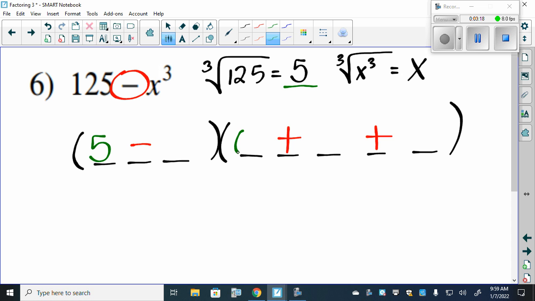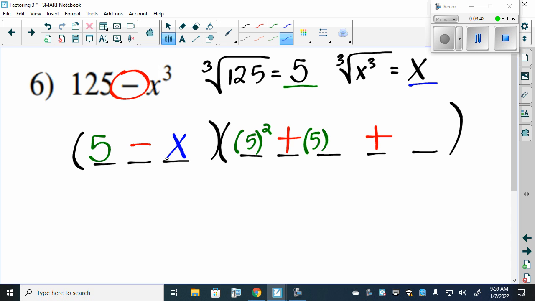Then inside the bigger one, we're going to have 5 squared, 5 to the first, and then 5 to the 0, which is just 1, and we don't have to include it, because we're going to have a variable or another term plugged in. Now, x, since it came second, will go second.